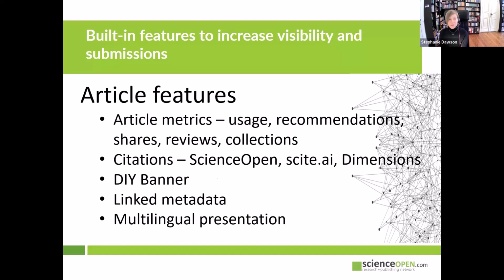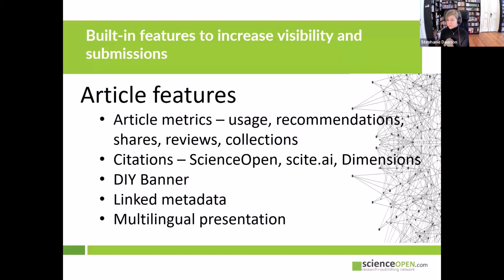At the article level, we offer article metrics, usage recommendations, shares, reviews, collections. We have a strong focus on citations with a multi-dimensional view of that. A do-it-yourself banner that the editor can change, update at any time.